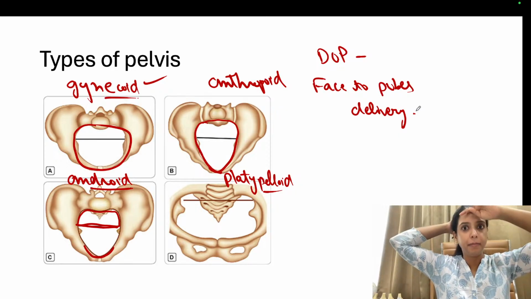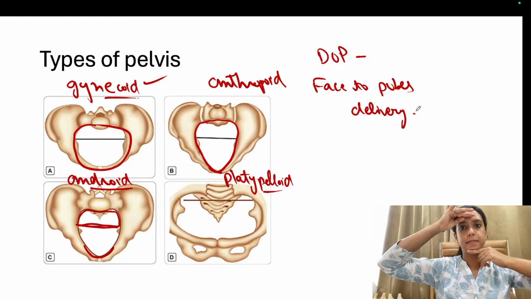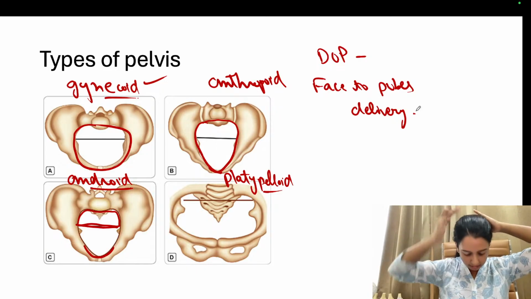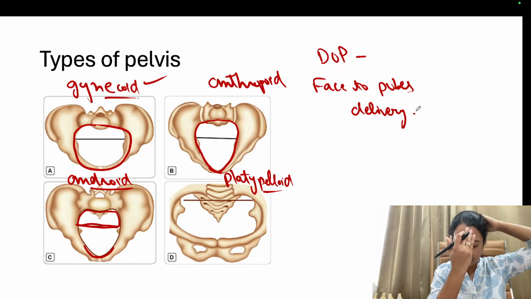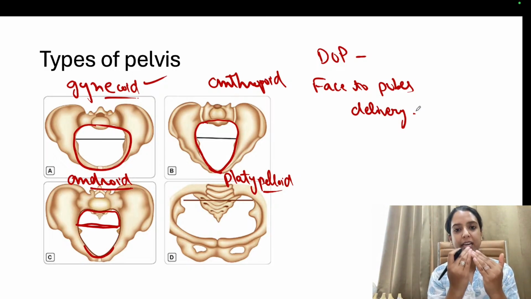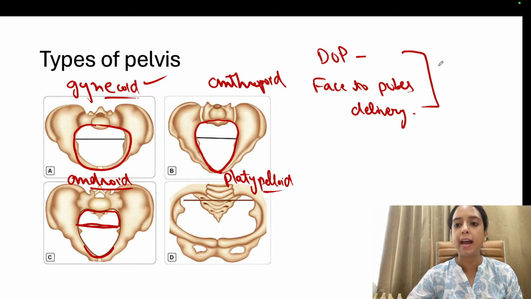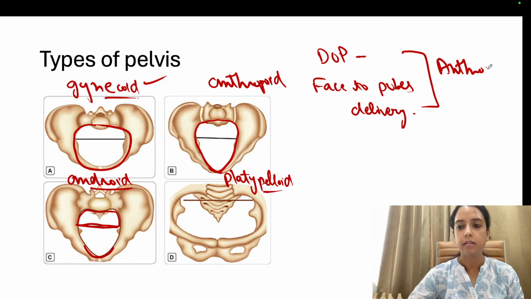When the baby will deliver, what first part will come? First will be the face. Occiput is posterior, the forehead is anterior. When it delivers, the face will come just below the pubic symphysis. This is called face to pubes delivery. They happen in case of anthropoid pelvis.